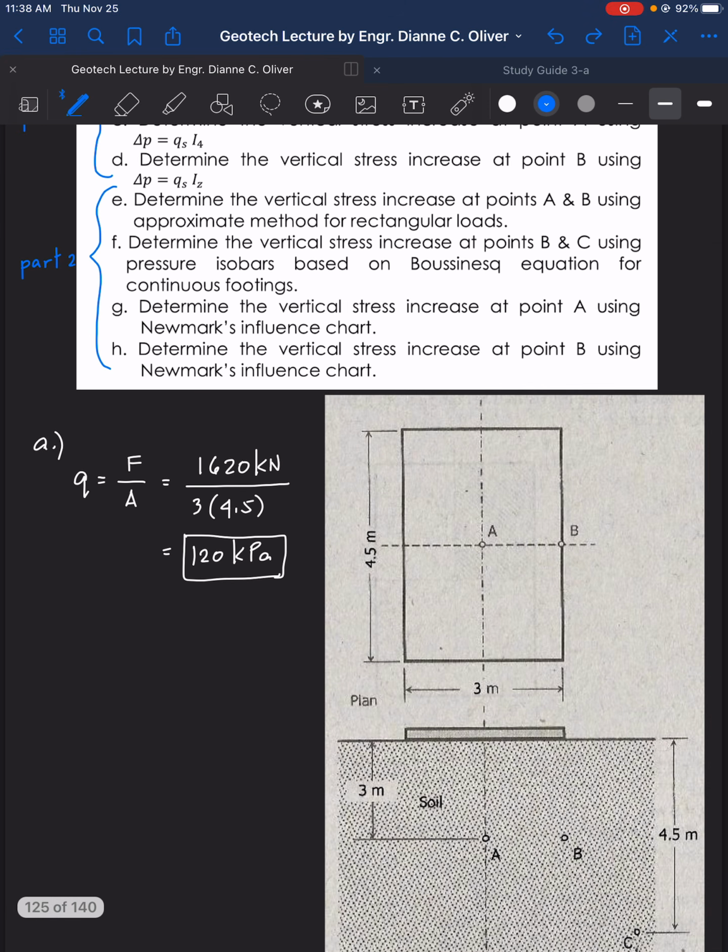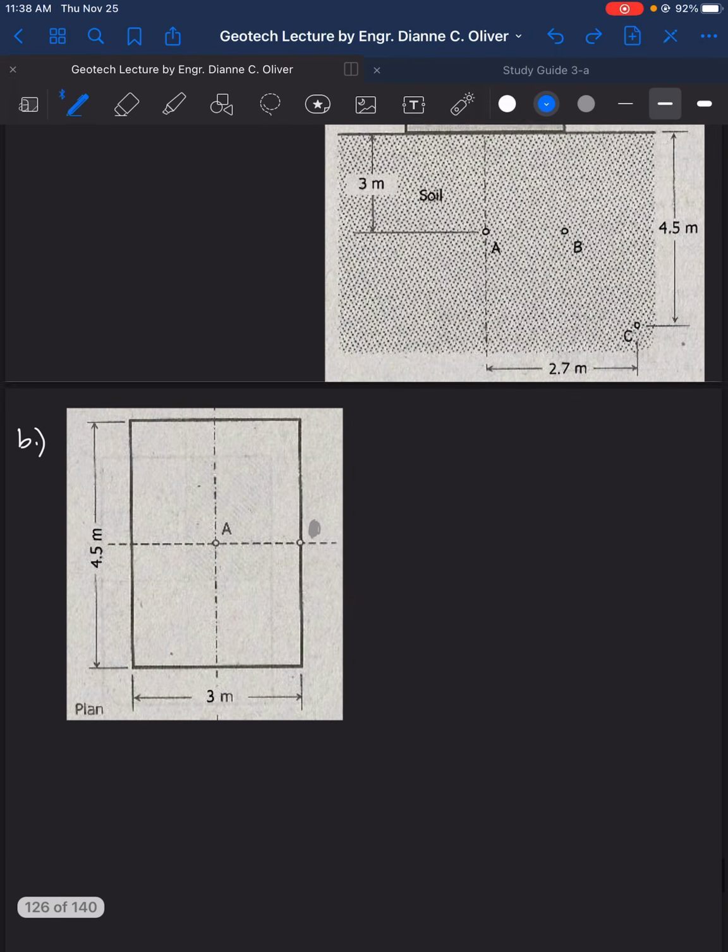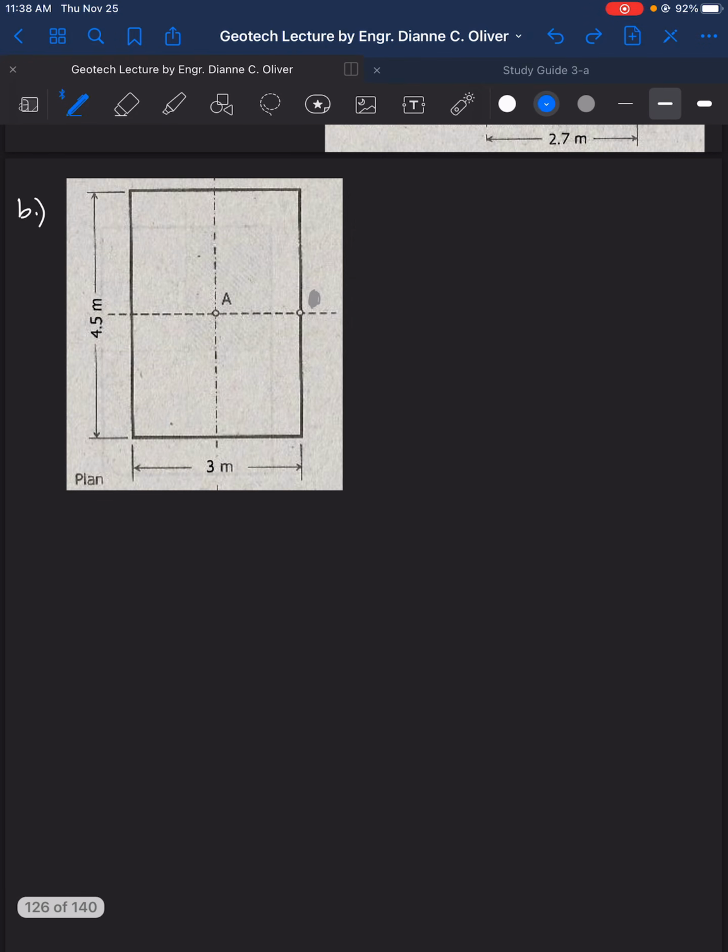Remember that point A is at the center of the rectangular concrete slab. Therefore, our A1, A2, A3, A4: we can conclude that A1 is equal to A2 is equal to A3 is equal to A4. So they are all equal areas.